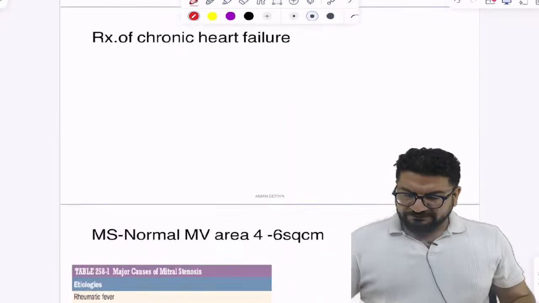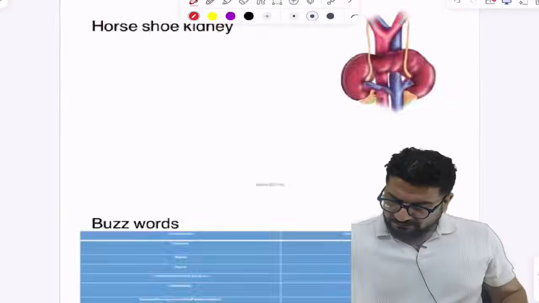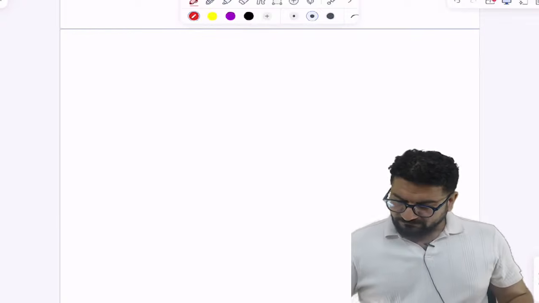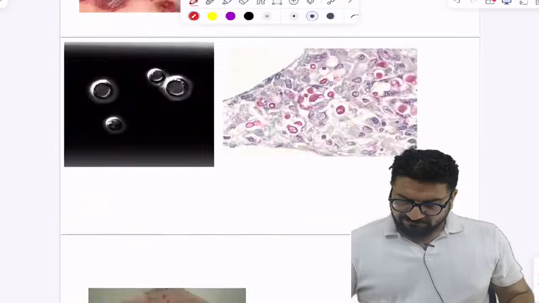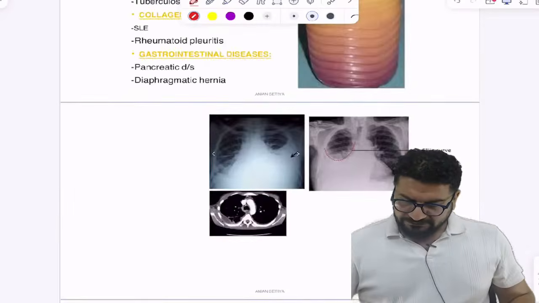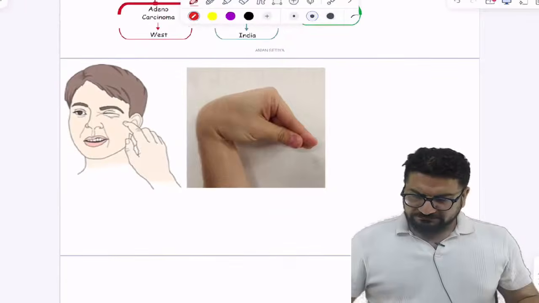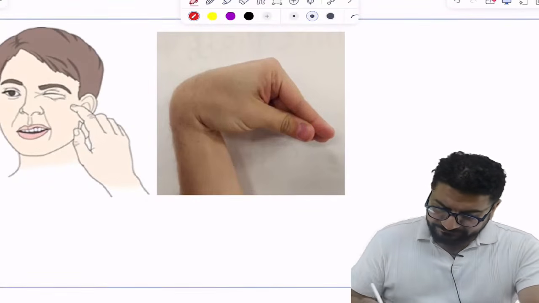Then try to understand this thing. What else do they ask you? They ask you questions on some important topics which I am summarizing now. Like in exam, they ask you a question on these signs. So what do we call this? We call this Chvostek sign.